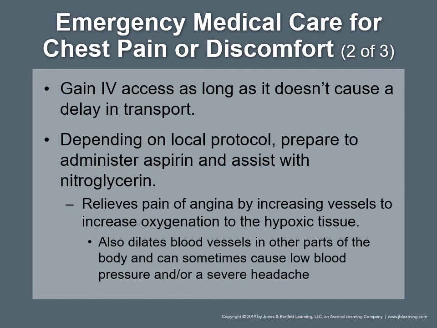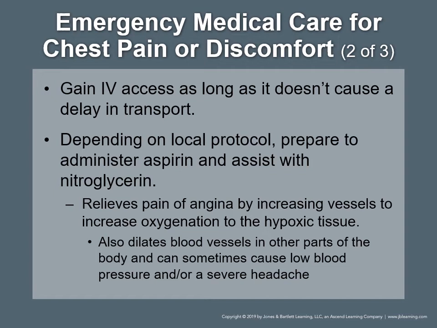And if you don't know, a shorthand or abbreviation for nitroglycerin is capital letters NTG. This relieves pain of angina by increasing the size of the vessels to increase oxygenation to the hypoxic tissue.